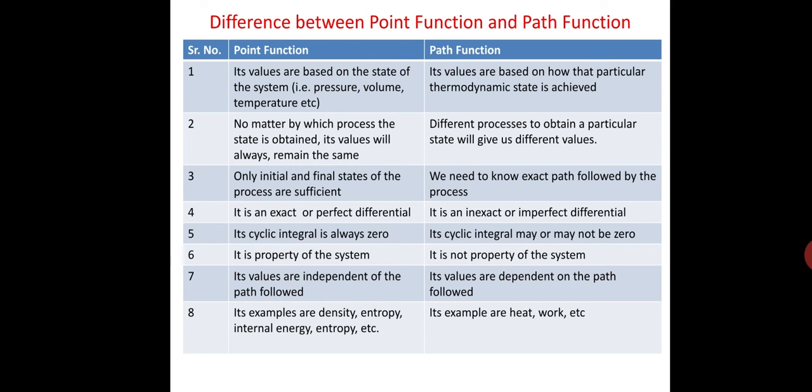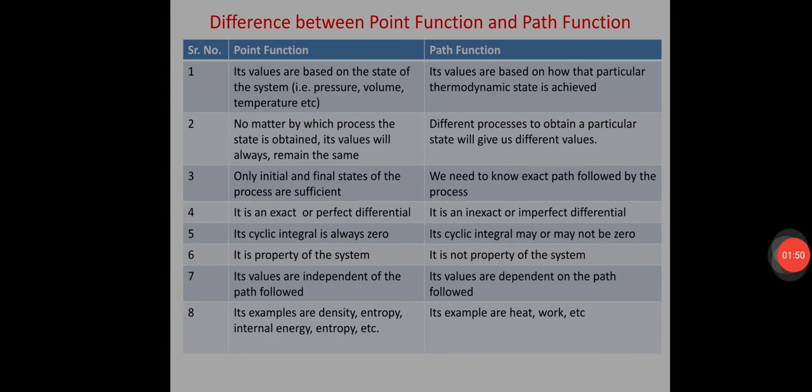Path function is not a property of the system. Point function values are independent of the path followed. In path function, values are dependent on the path followed. Examples of point function are density, entropy, internal energy, enthalpy, and temperature. Examples of path function are heat and work, etc.